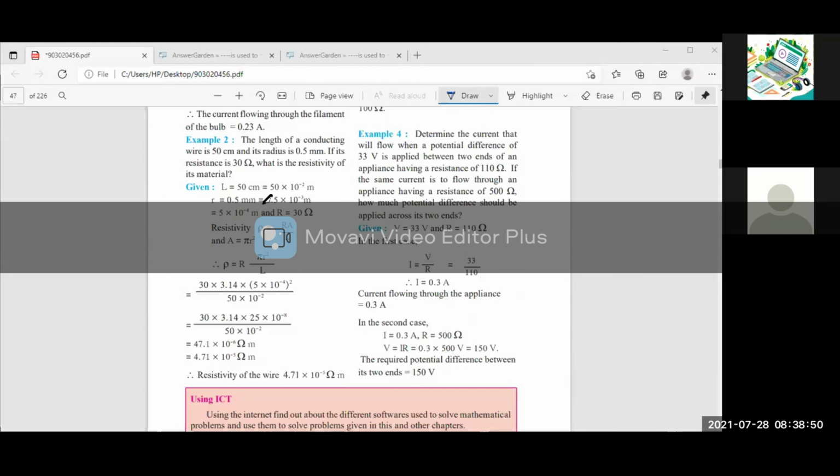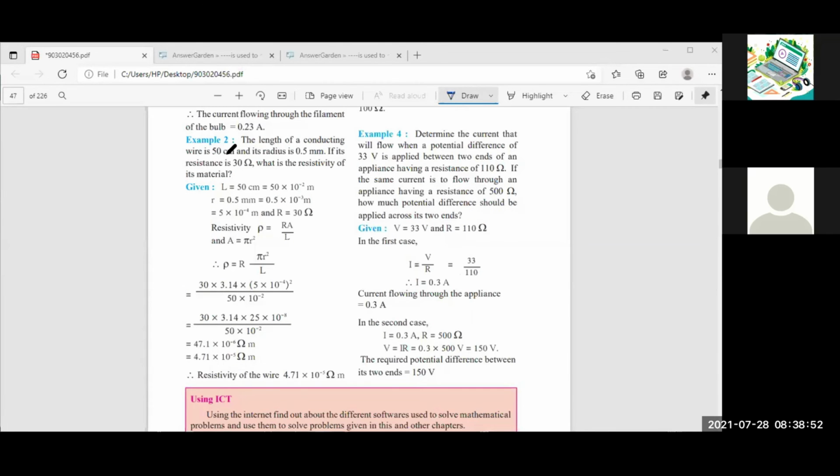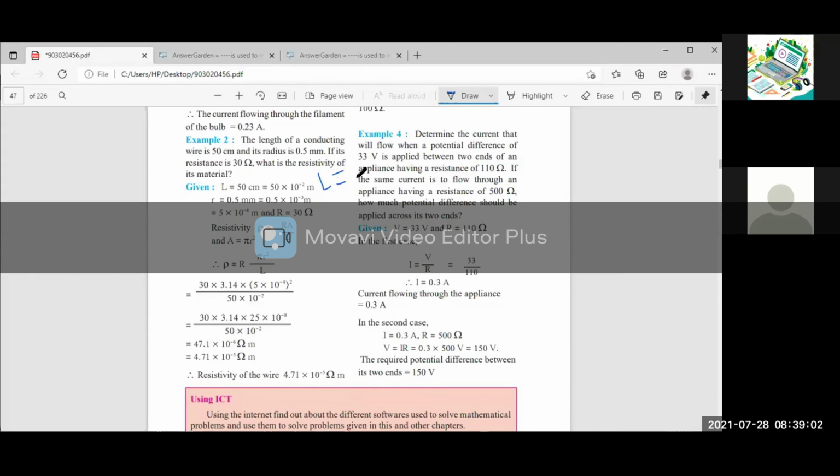So what is the second problem? The length of a conducting wire is 50 centimeter and its radius is 0.5 millimeter. The length of the conducting wire is given as L, 50 centimeter.